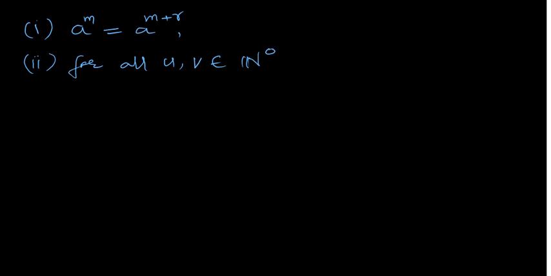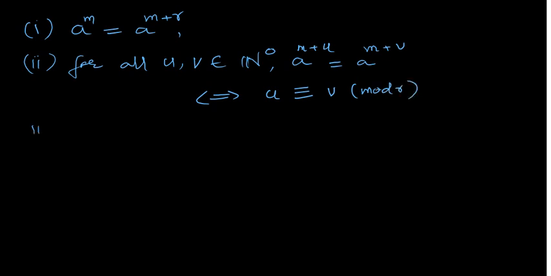U and v are non-negative integers, varying over 0, 1, and so on. A power m plus u is equal to A power m plus v if and only if u is congruent to v mod r. Zero, yes, natural numbers with zero.